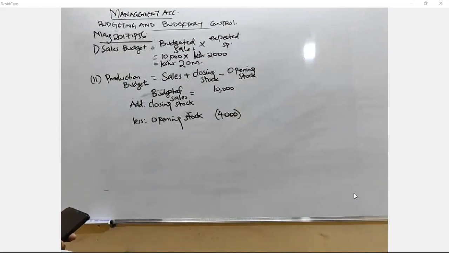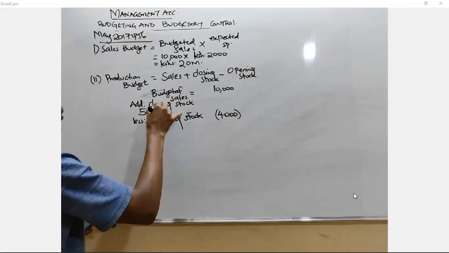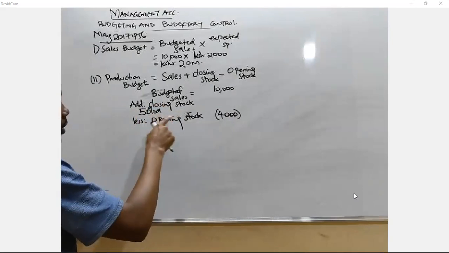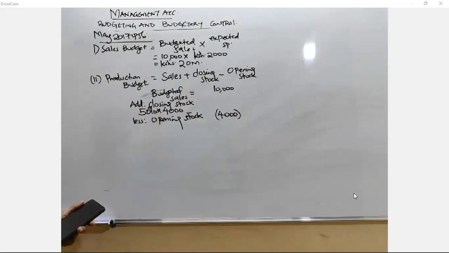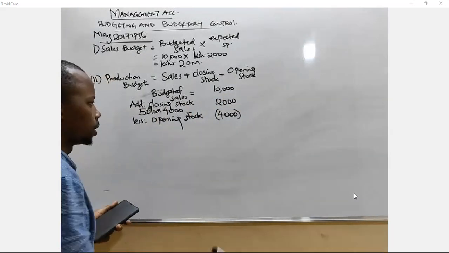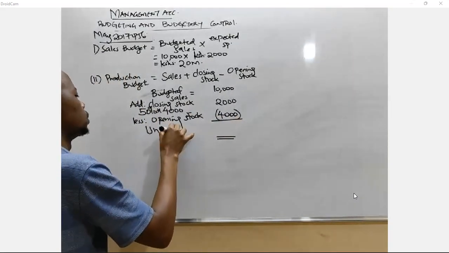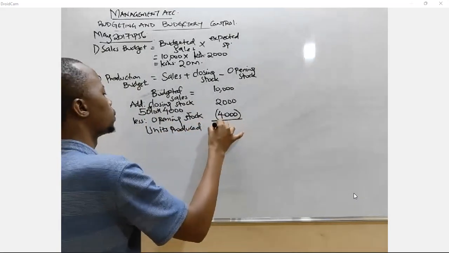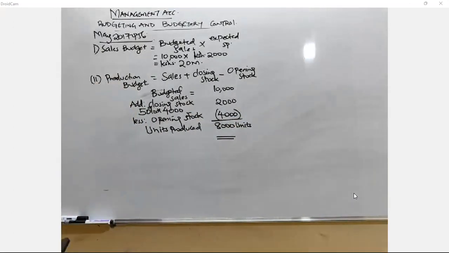In note number 6, they are saying the company plans a reduction of 50% in the quantity of the finished goods. So there is a reduction of 50% of our finished goods, which is the reduction of the opening stock. So here we multiply with 4,000. In simple terms, our closing stock will be 2,000 units. So what is the number of units produced? The units produced will be 8,000 units.